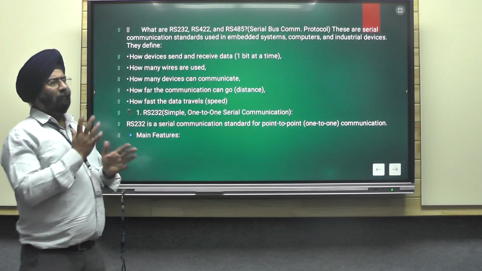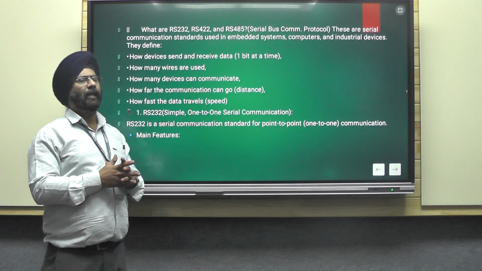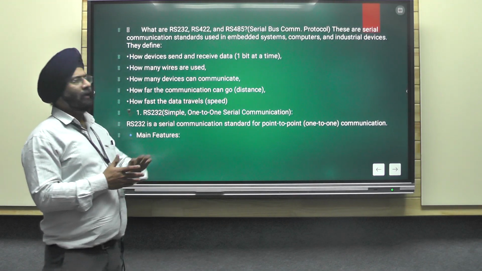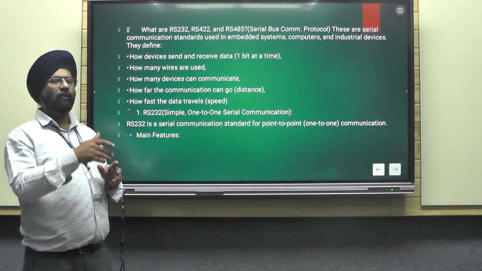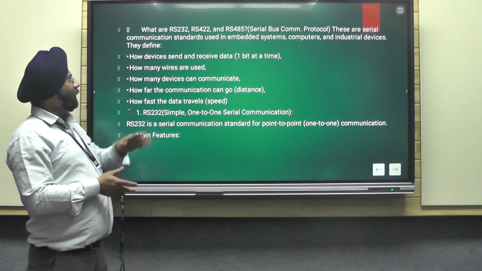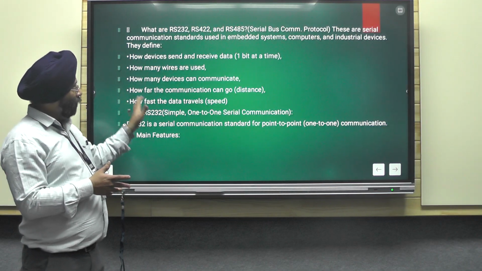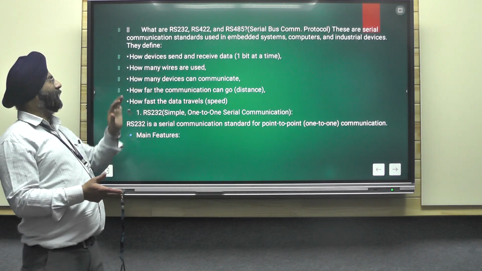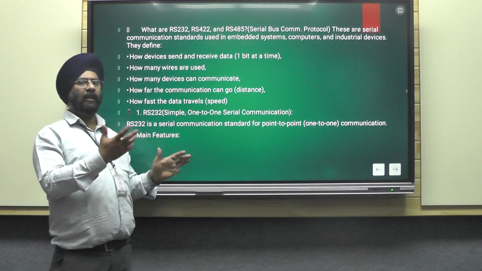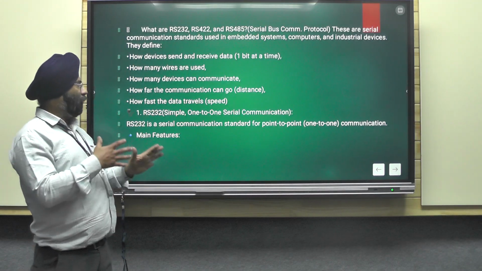And what is the meaning here? How devices send and receive data one bit at a time. If one bit is sent from the transmitter, the other is receiving on the other hand. How many wires are used? In all these protocols, we are going to look at how many wires are used, how devices send and receive data, and for what communication distance.